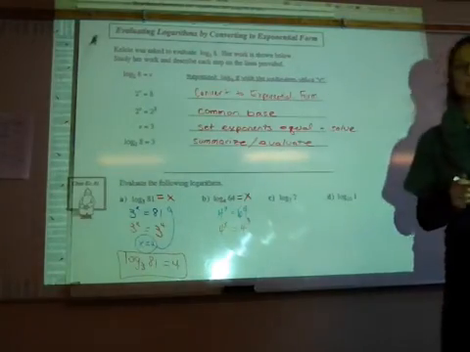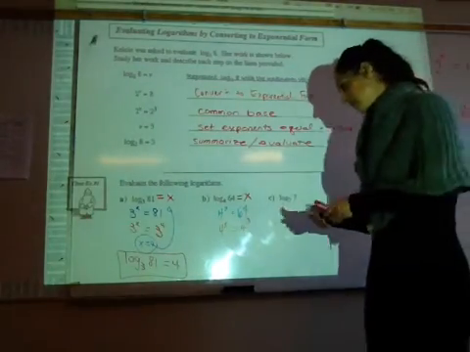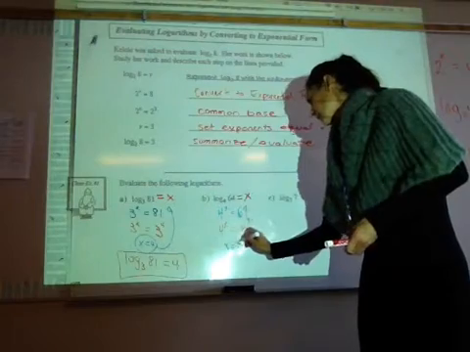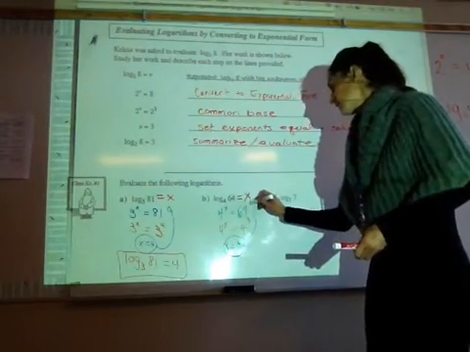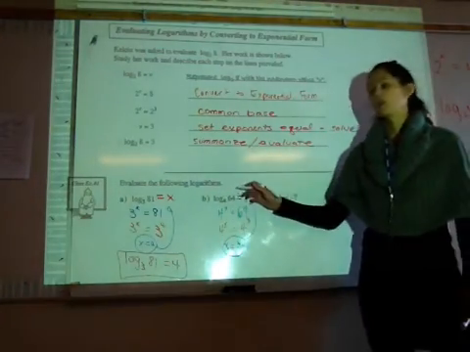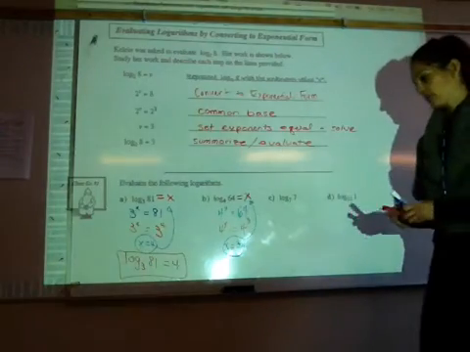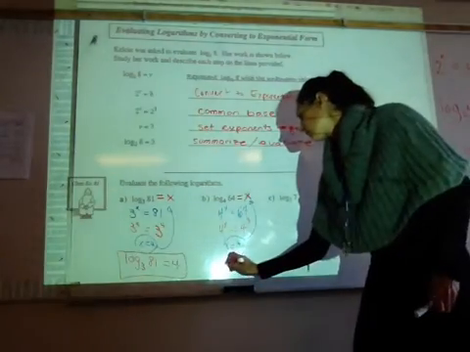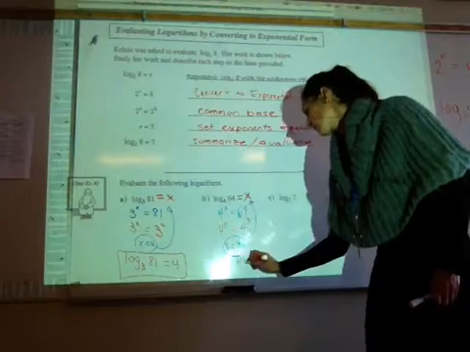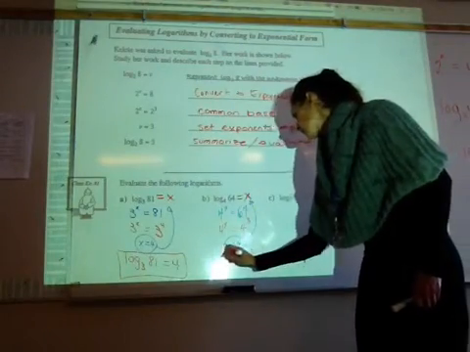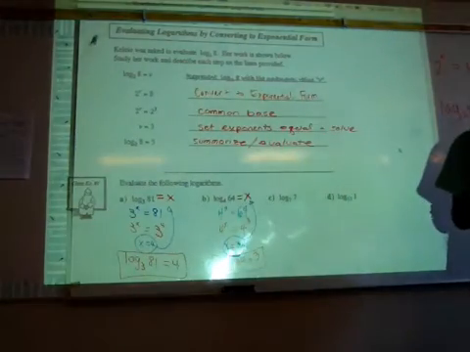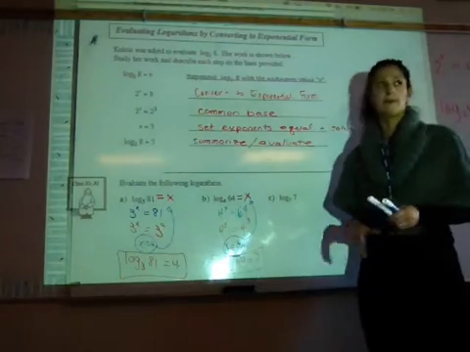Now that we have a common base, x equals 3. And that x was represented as log base 4, argument 64, so we can summarize that. Log base 4 of 64 equals 3. Okay, we're evaluating this to equal 3.